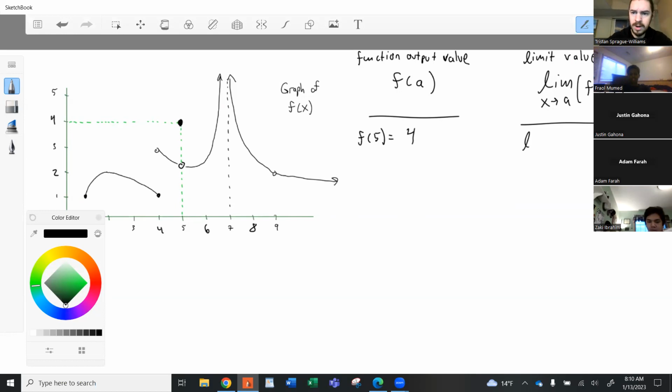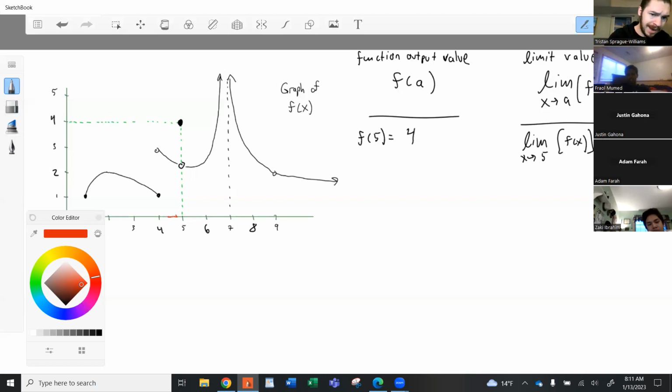But if we ask what is the limit of the function as x approaches 5, that's a different thing. Because the limit of the function doesn't actually care what the value of the function is at 5. All it cares about is what the values are approaching as x gets close to 5.